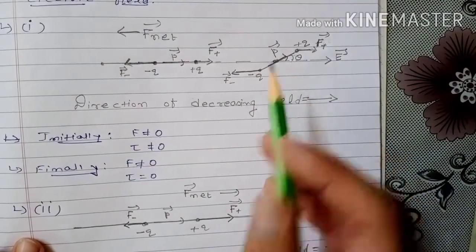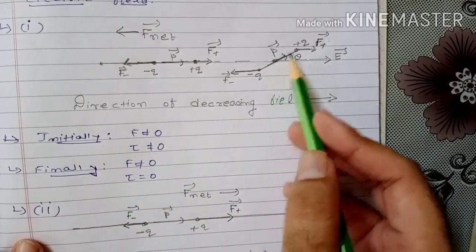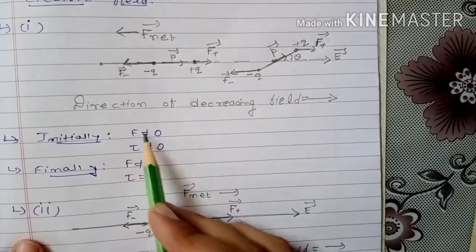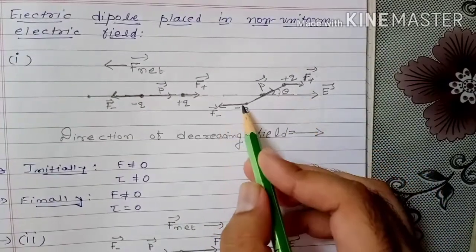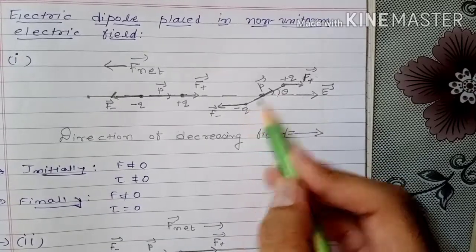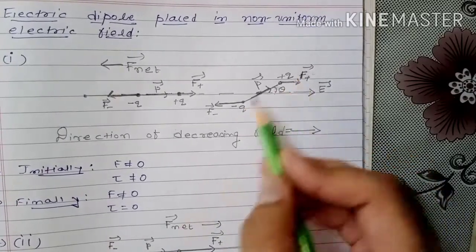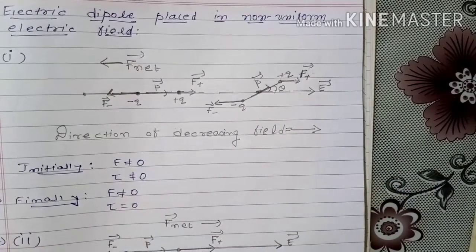So some torque will act on this electric dipole. It means torque is not zero, force is not zero. If these two forces had the same magnitude, then the net force would be zero, but both have different magnitudes. Therefore, the net force is not zero, and the torque is also not zero initially.